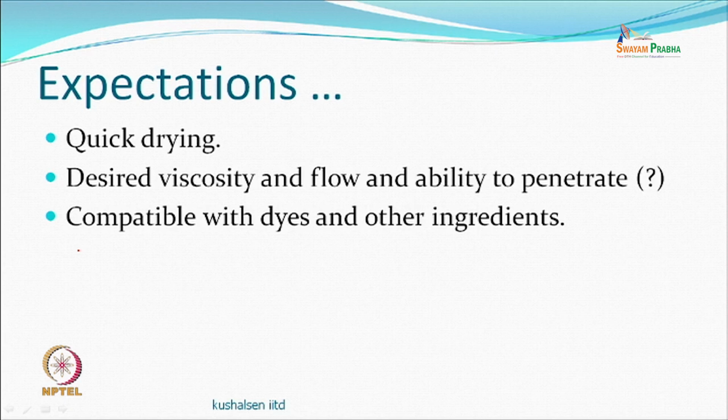So, adding so many things, suppose they interact with this polymer, which is called the polymer for generating viscosity, or thickening agent, then you have problems again, because we thought this particular material is inert, which may not happen.